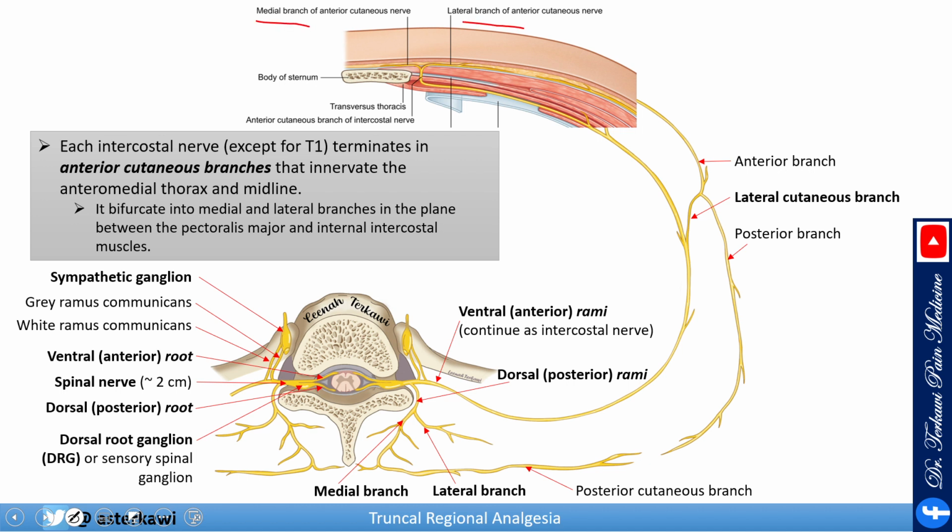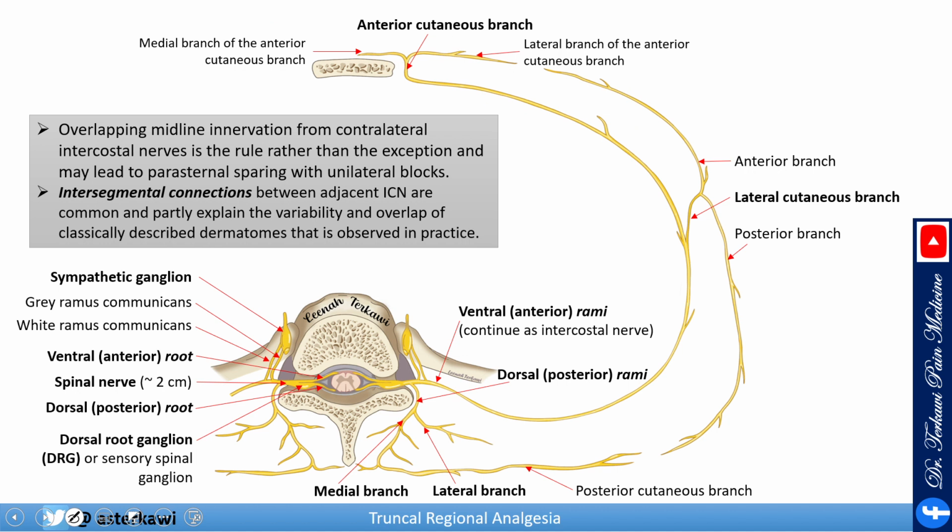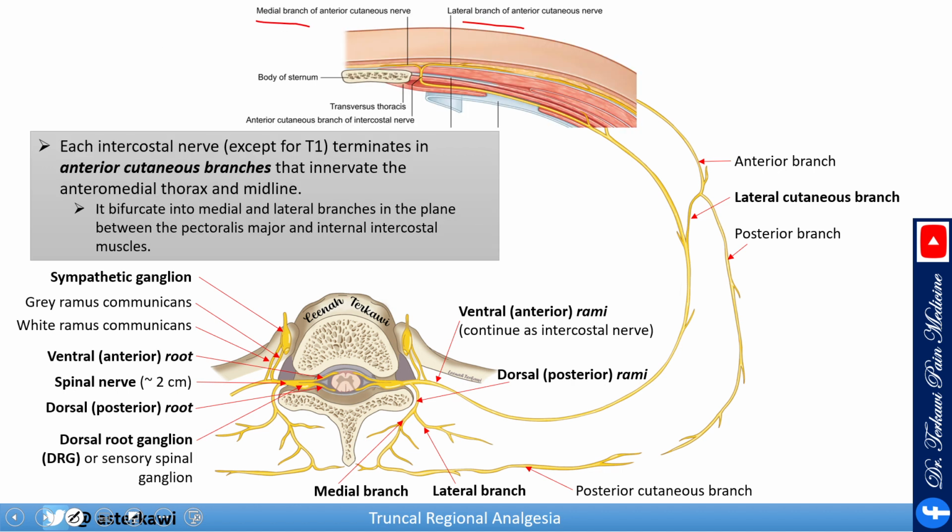Again, this bifurcation, it's important to know where they are happening. So the bifurcation, as you see here, it's between the pectoralis major and the internal intercostal muscle. So this is the transversus thoracis, and this is the internal intercostal muscle here.